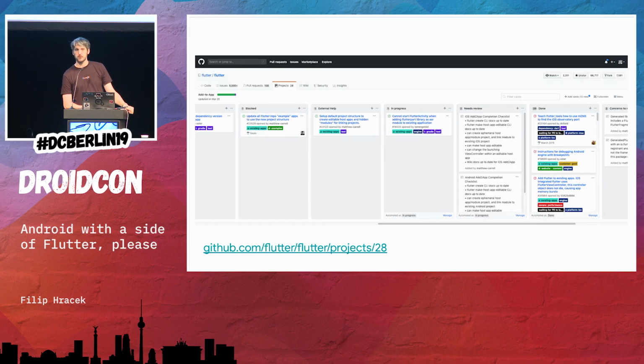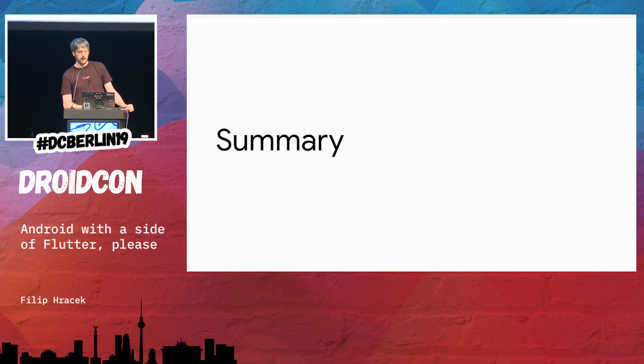Again, this is the project that you want to follow if you're interested in this. And in summary, I told you about the technical underpinnings: you own all the pixels, we basically compile to native, and there's no bridge, which means it's both a strength and a weakness.